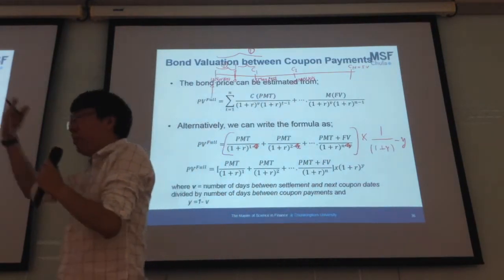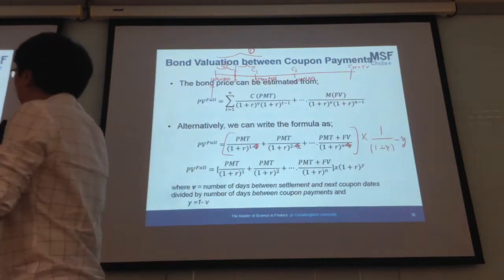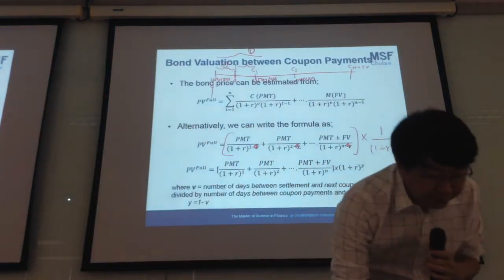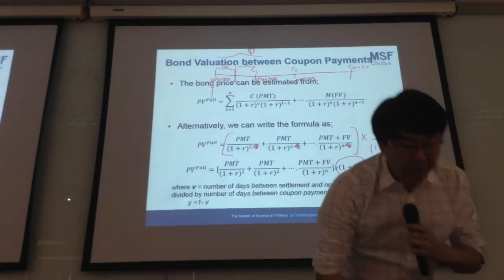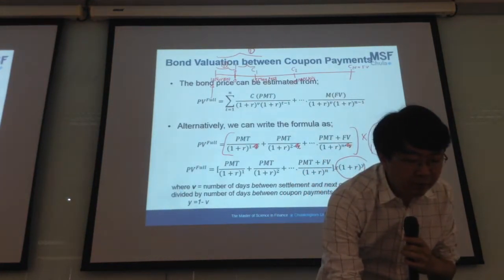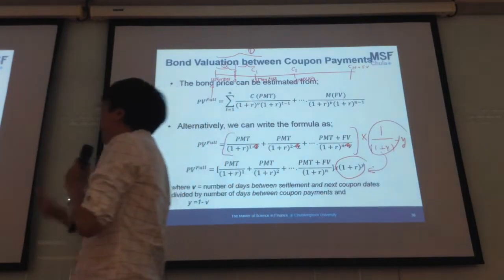However, we want to know the price at time 0. So you just use its reciprocal. You change this to be the reciprocal, which is 1 plus r to the power of y.